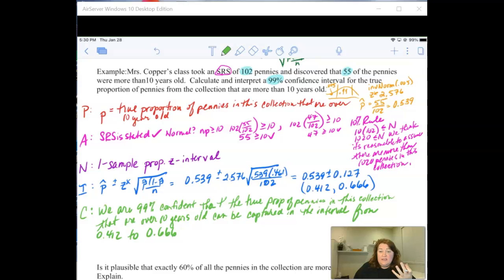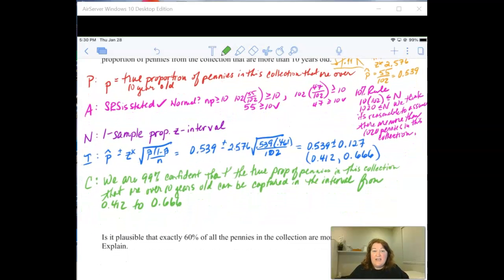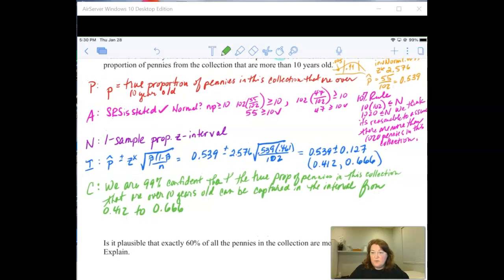And we think the interval is somewhere between 0.41 and 0.67, right? Okay, but we're going to repeat in context, which means we have to be talking about pennies again, and that it's a proportion problem. So it's easier to just write out that capital P section in the beginning, and then you can steal it for part of your conclusion statement, okay? It's got to be this specific. Got to see all this work in there, okay?